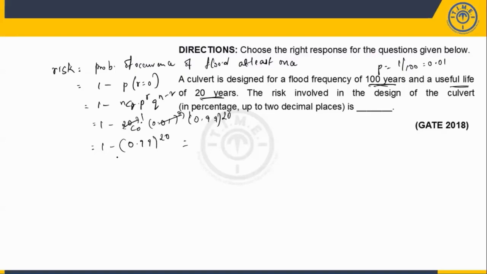Is that the complete value? What is the next digit? 0.18209. That is 18.21 percent, or simply 18.2 percent.